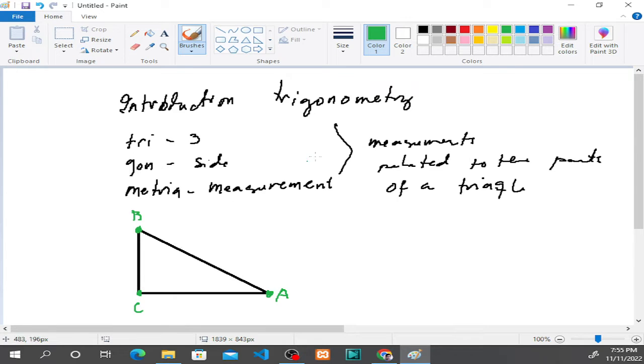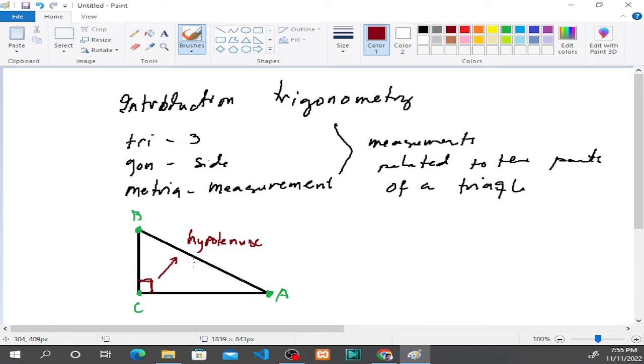If it is a right triangle, it must contain at least one right angle. The largest angle, right here, facing the hypotenuse, is what you call the right angle, and opposite the biggest angle is the hypotenuse.